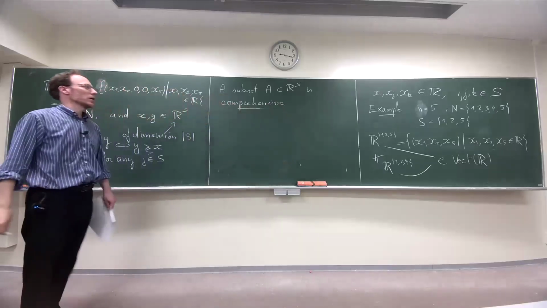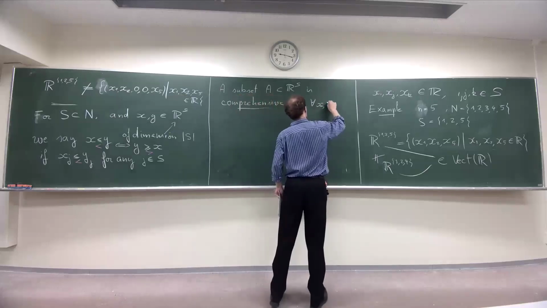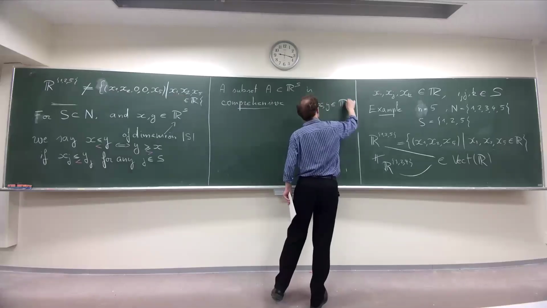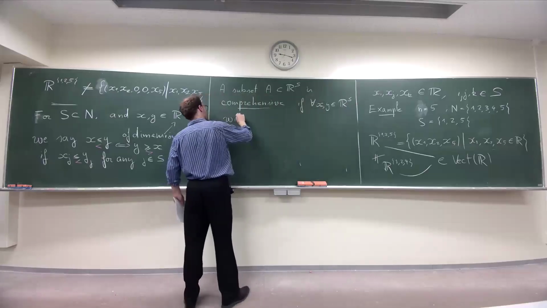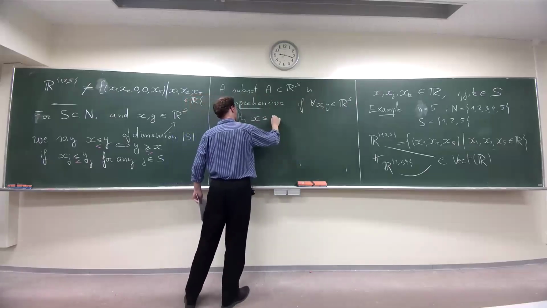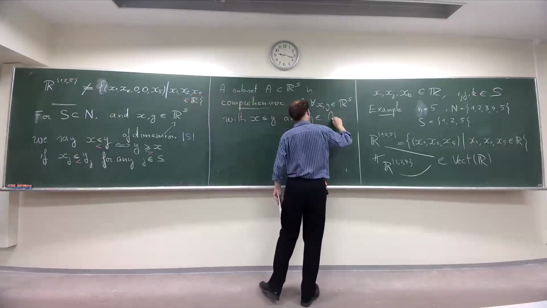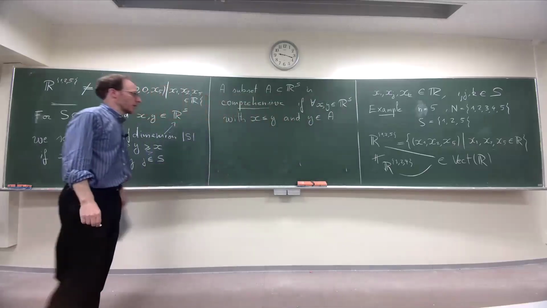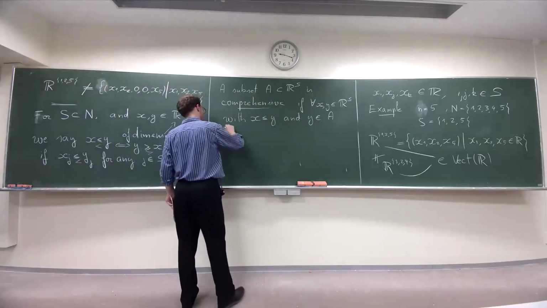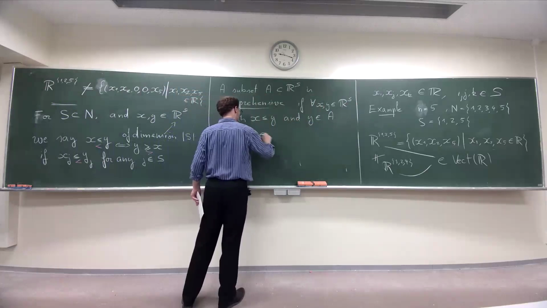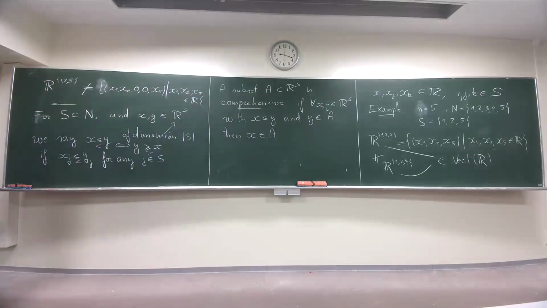This is a word, it's called comprehensive, if for any x, y inside R^S, with x smaller or equal to y and y in this set A. So whenever you have a y in A and an x which is smaller, then x also belongs to A. So I encourage you to draw a picture.